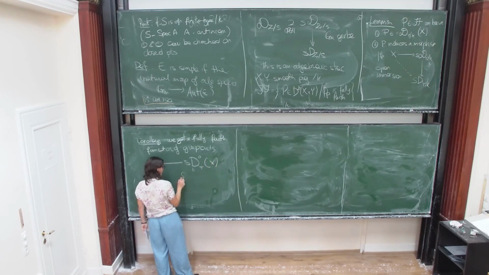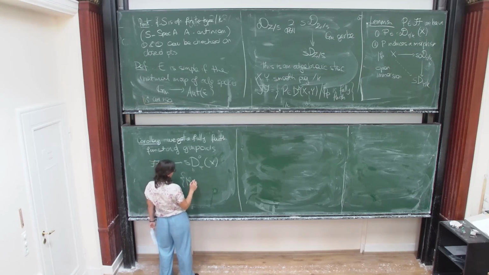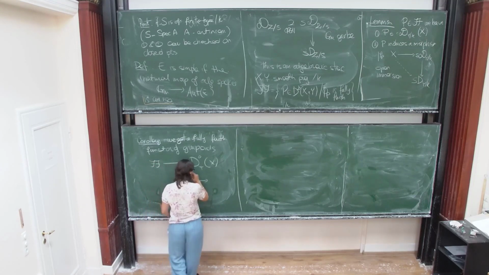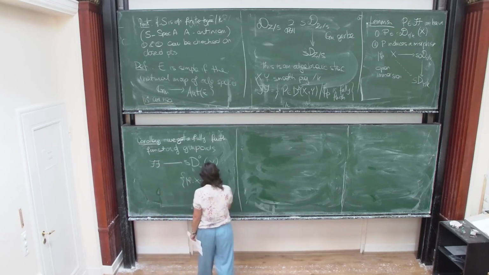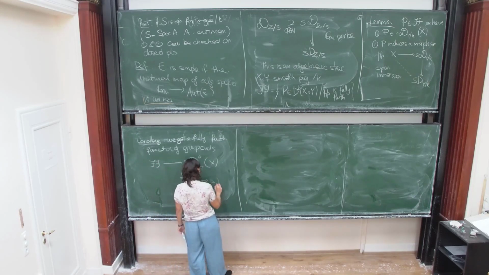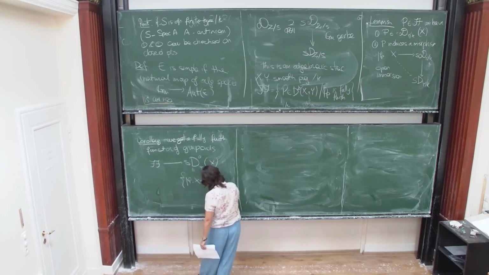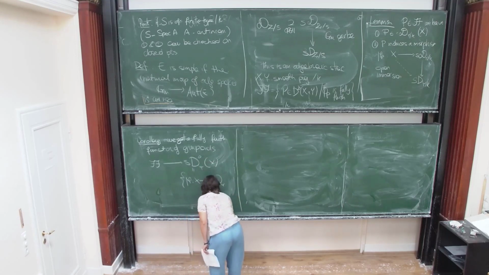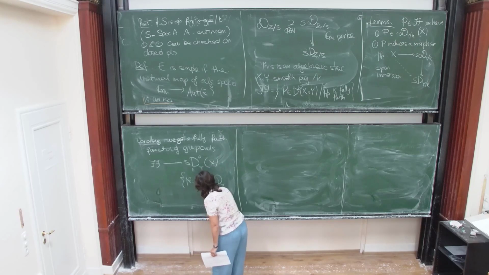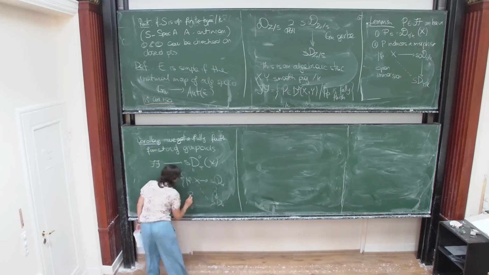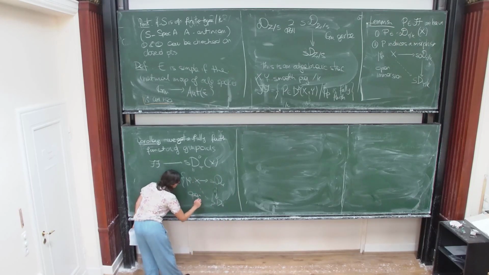This is the set of maps from X to the curly one, Y, such that, so here we have the non-curly one, open immersion.